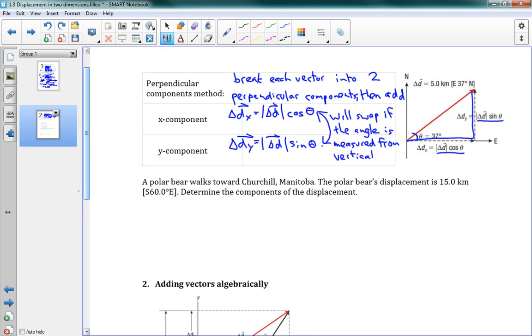So you can see what I mean is that this angle is measured from the horizontal. So we're saying from horizontal we go up 37 degrees. If instead we said from vertical we go down 53 degrees, then sine and cosine need to swap there. Okay.